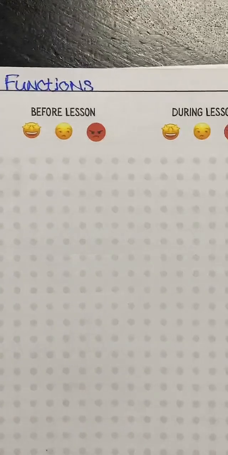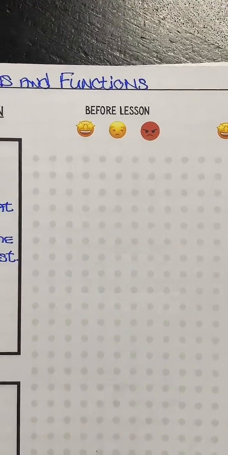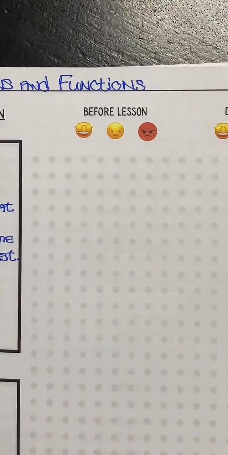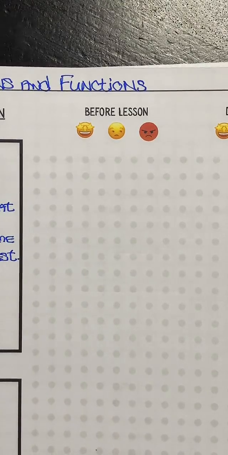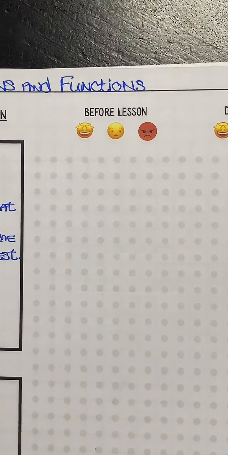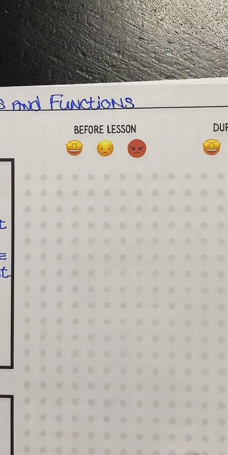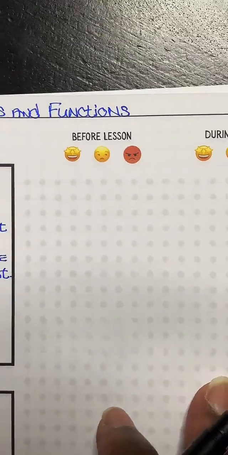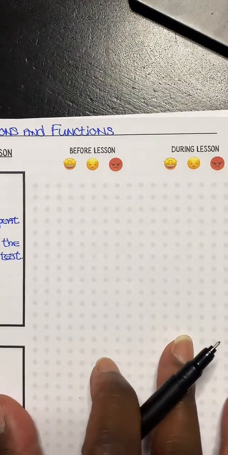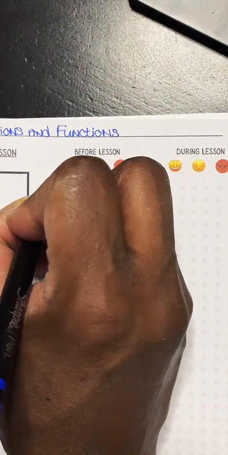It was on the GED, the ASVAB, as well as the TEAS test. So, if you are given, let's do this. Let me grab my marker here. So, if we have a set of coordinate points.